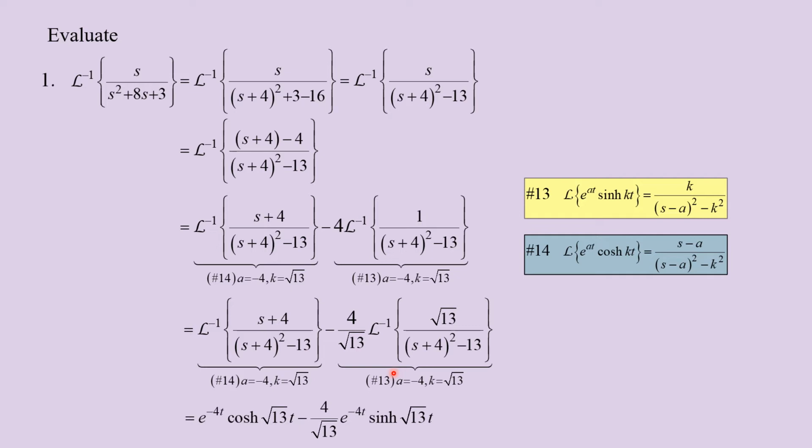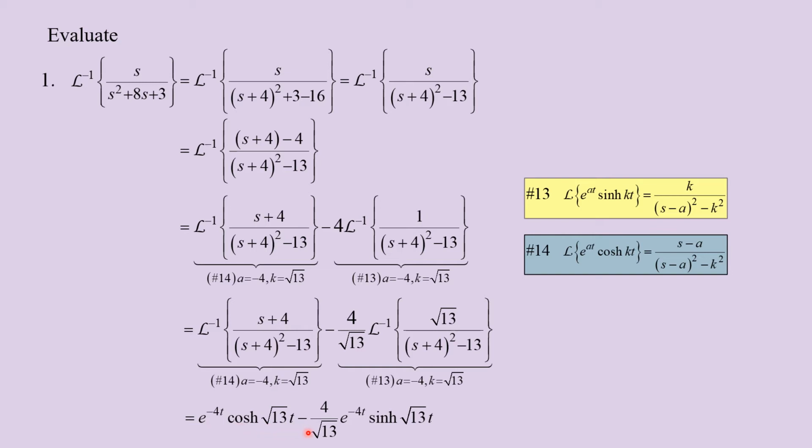From formula number 14, the inverse of (s − a) divided by ((s − a)² − k²) is e^(at) cos kt. So just substitute a by negative 4 and k by the square root of 13. The answer for the inverse Laplace transform of the first function will be e^(−4t) cos(√13 t).